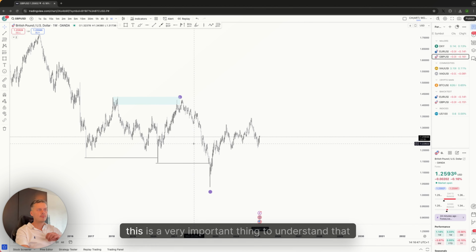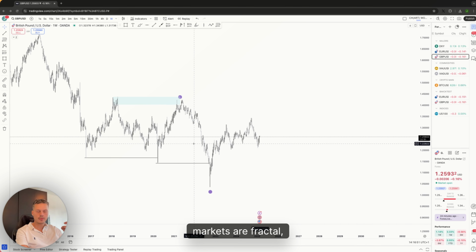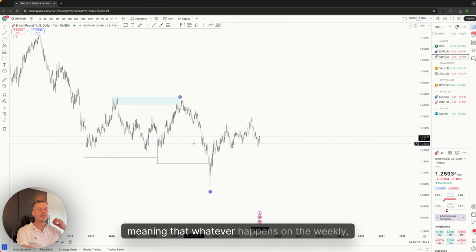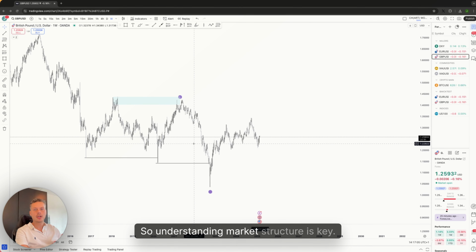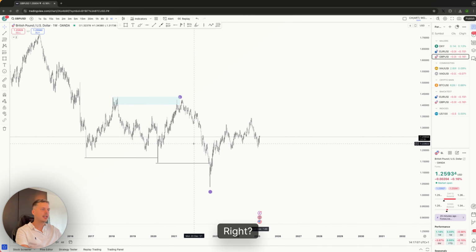And this is a very important thing to understand, that markets are fractal, meaning that whatever happens on the weekly is also happening on the daily, hourly, 1 minute, 15-second price action. It's happening everywhere. So understanding market structure is key, right?